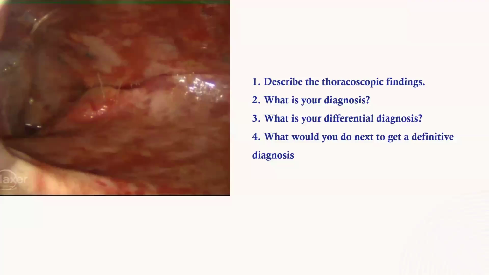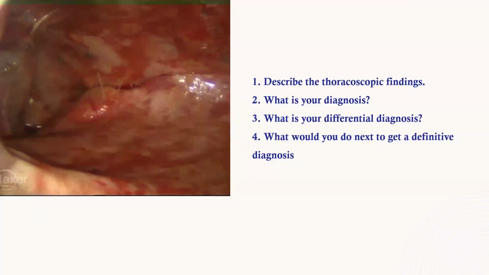Nikita, if the same findings are seen in the abdomen, if you have opened for peritonitis, what do you call them? Nikita, have you gone blank? Praveen, would you like to take this question? What do you see? Describe the findings of thoracoscopy.